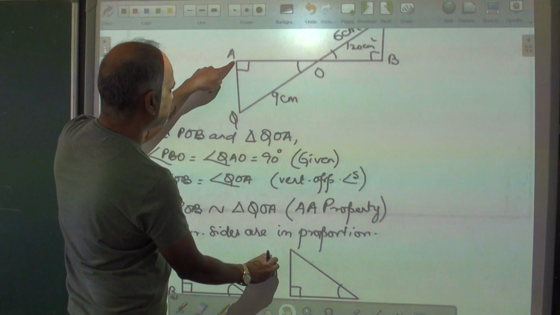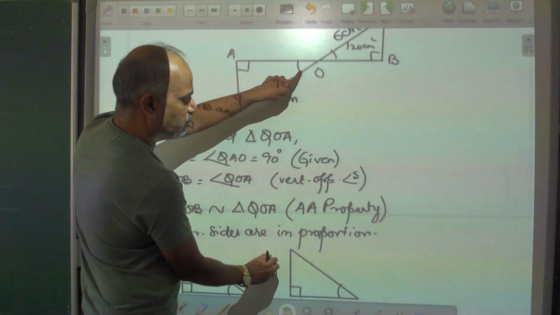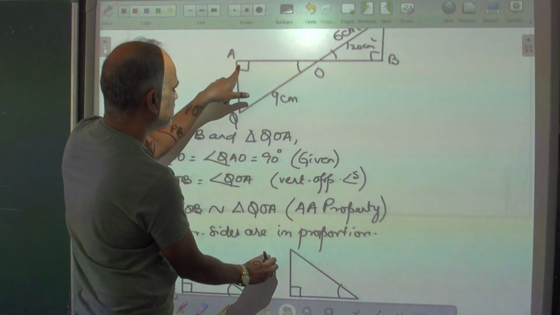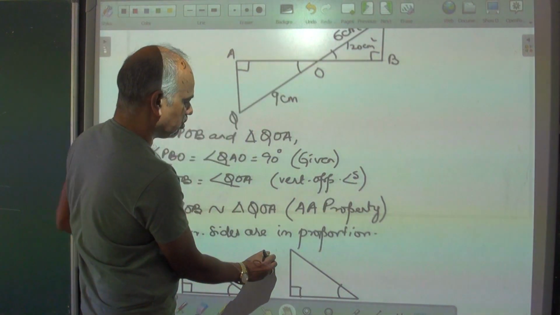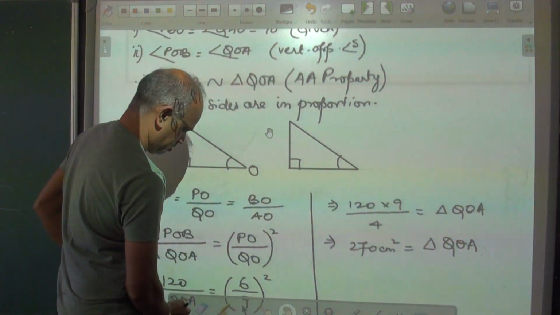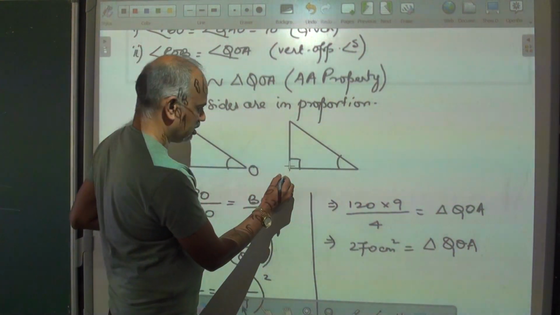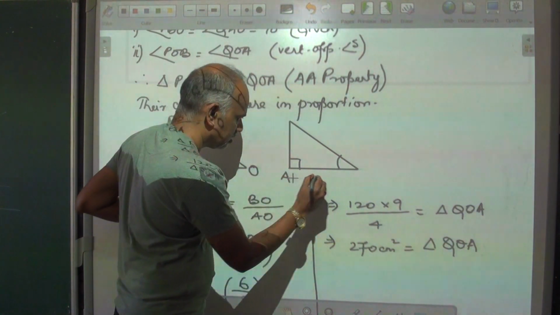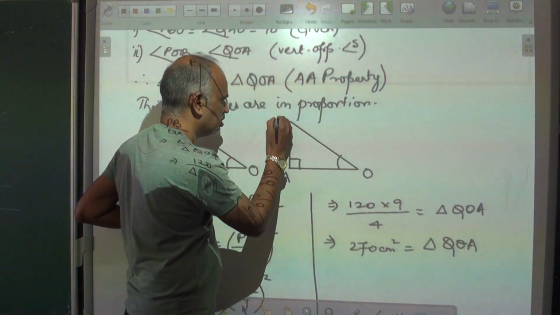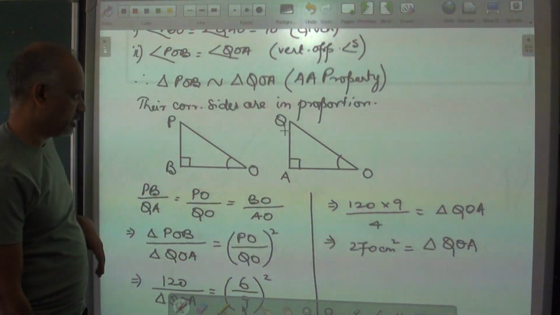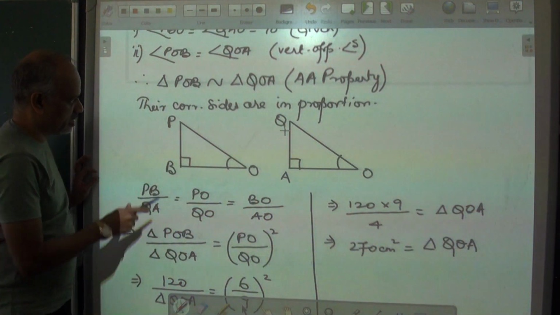For this, 90 is A and the single arc is O. The other one is Q. Now write the proportionality.